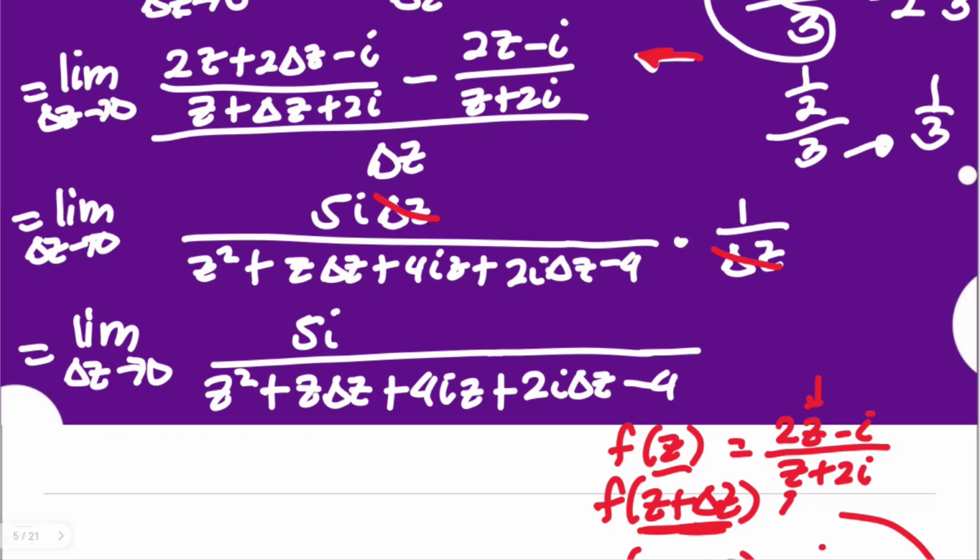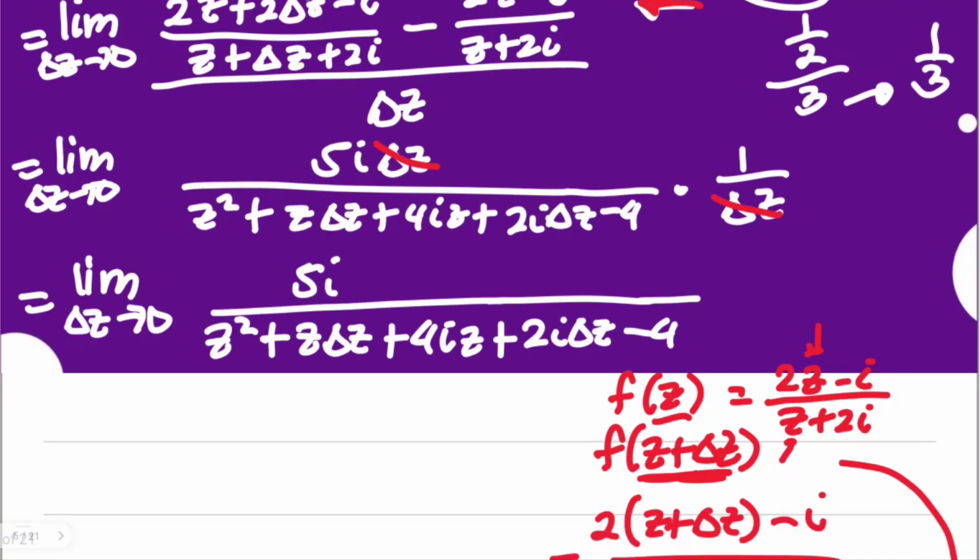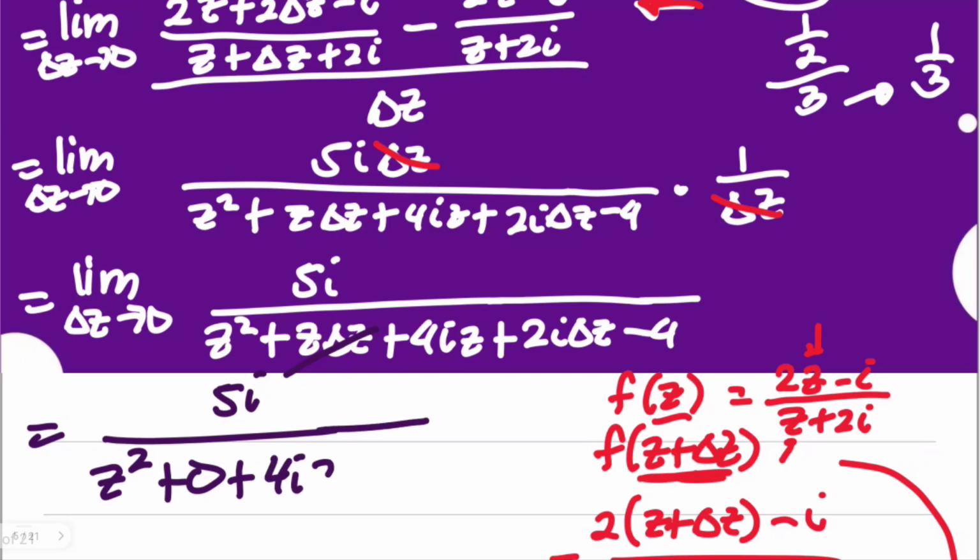Now, when you have this next form, we still have delta z in our denominator, but it will no longer be 0 because it has other terms without delta z. To apply now the limit, you have 5i here, and applying the limit as delta z approaches 0, what we have here is z squared plus 0, plus 4iz, minus 4.